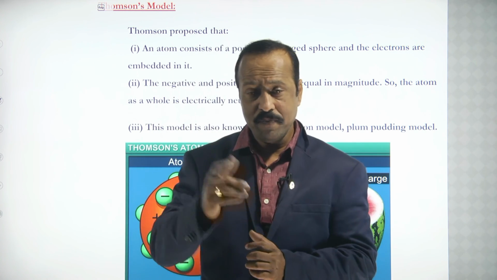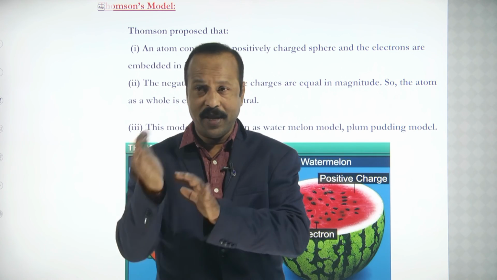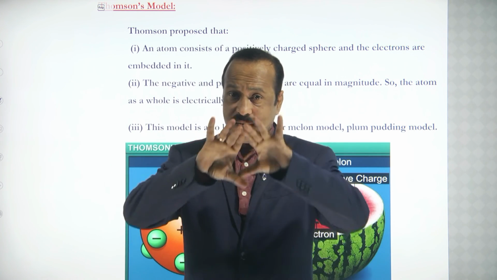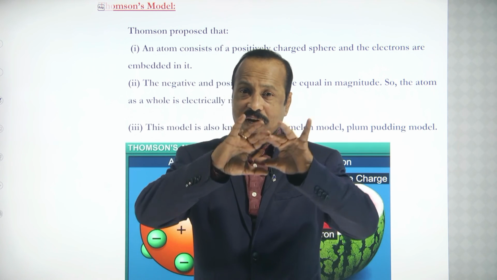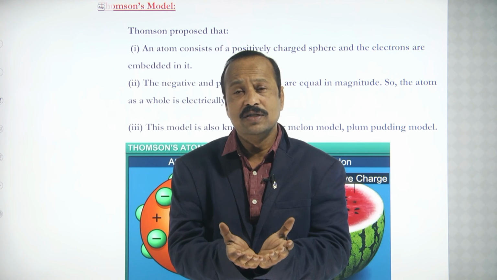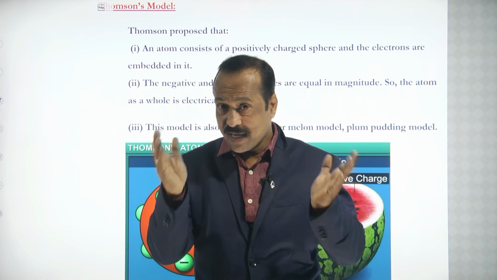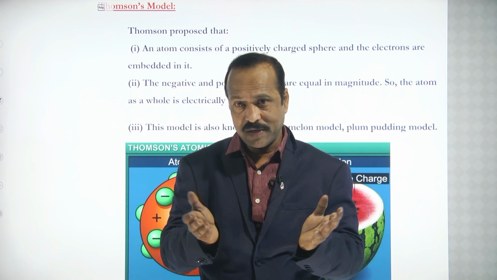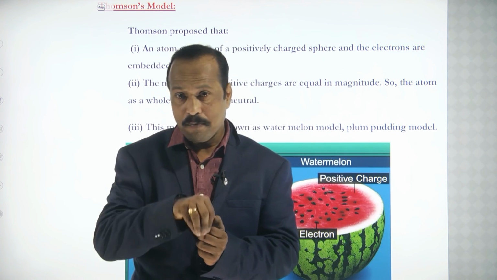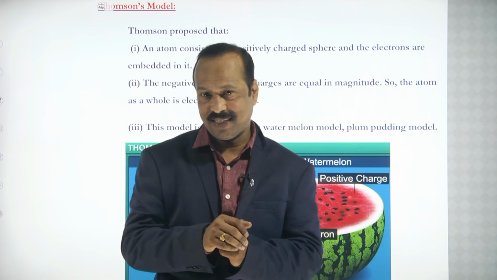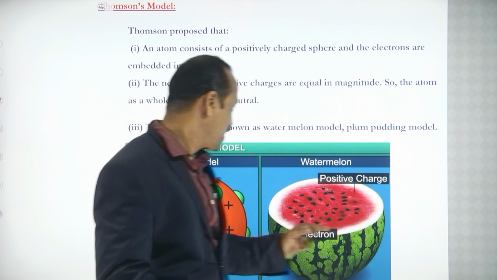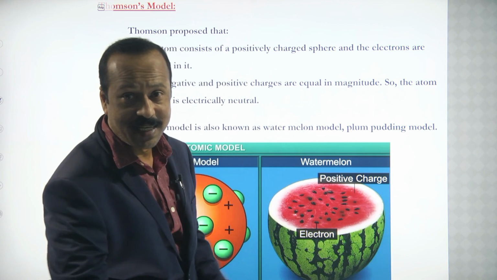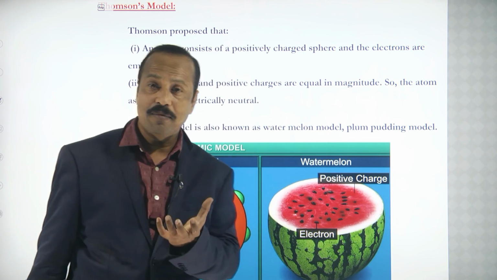If you compare the atom with the watermelon, the watermelon is the atom, and if you cut inside, the whole watermelon is filled with the red colored mass, the positive charge. So the atom is distributed with positive charge, and in that red mass we can see the black seeds, embedded in the mass.